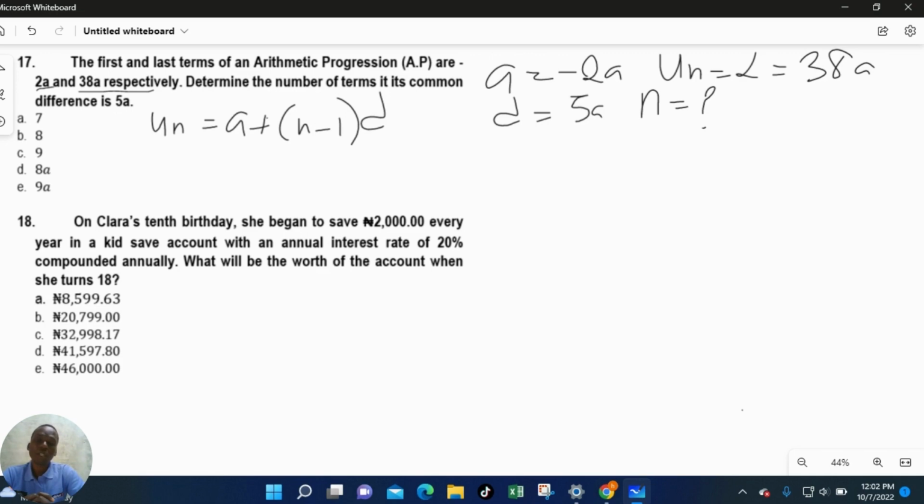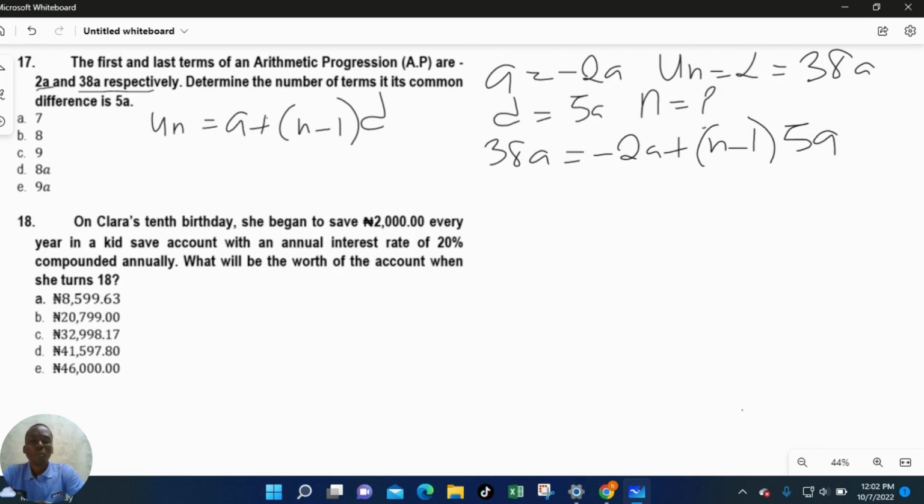So we insert these parameters into the formula. The last term is what? 38a, and that will be equal to the first term, 2a, right, plus bracket n minus 1, then close bracket 5a.